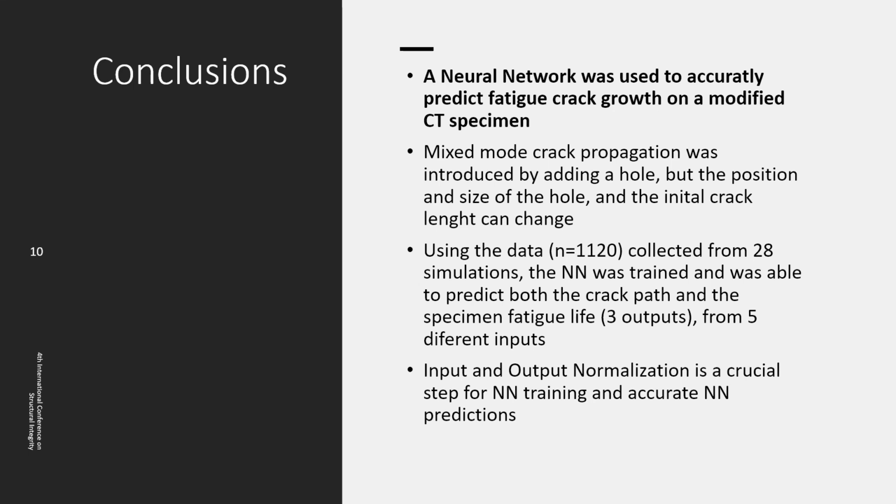Using data collected from 28 simulations, the neural network was trained and was able to predict both crack paths and specimen fatigue life using 5 different inputs. Input and output normalization is a crucial step for neural network training and accurate predictions, and is a fundamental step for obtaining accurate results.